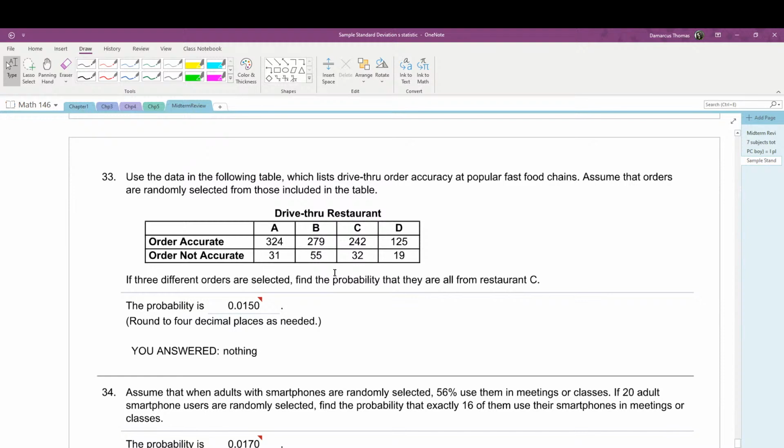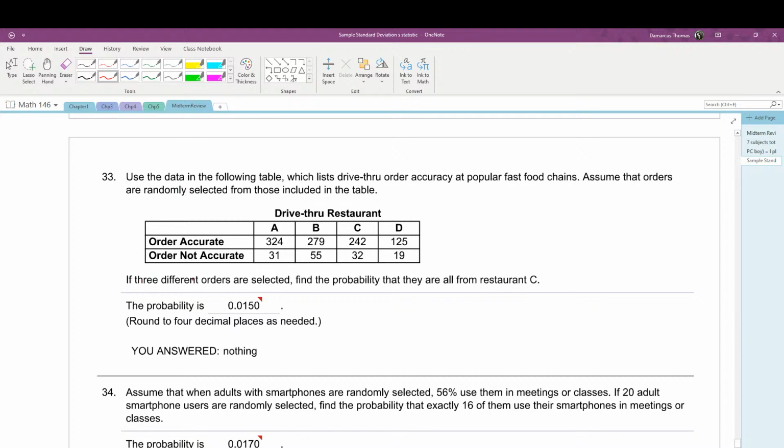Another one. If 3 different orders are selected, find the probability they are all from restaurant C. So, okay, let's see the best way to do this.